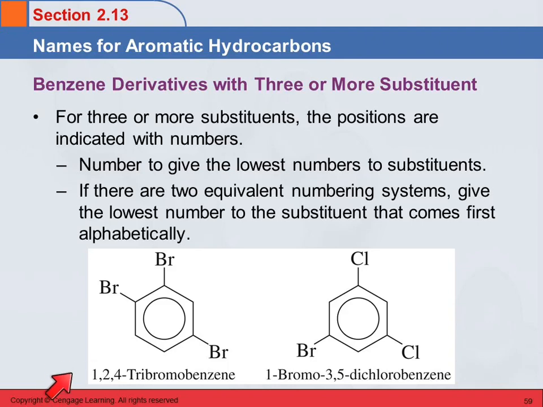This one's better because we've got 1, 2, and 4, lower numbers. So we're always going for the lowest number. The reason for that is all of these have one IUPAC name. Now sometimes they've also got a common name, and that's unfortunate, but what are we going to do, right?